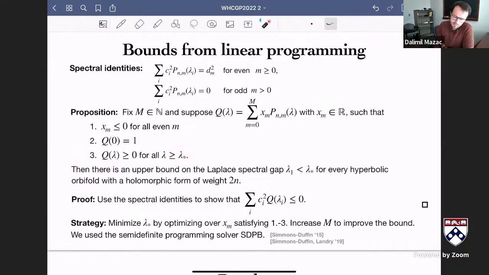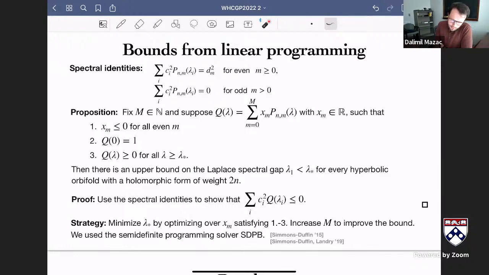Okay, so the claim is that if you have constructed such a linear combination of these polynomials, then you have proven an upper bound on the spectral gap, lambda1 being less than lambda star, for every hyperbolic orbifold with a holomorphic form of weight 2n. So why is it? If there's a holomorphic form of weight 2n, then these spectral identities are valid. Then you consider this linear combination.